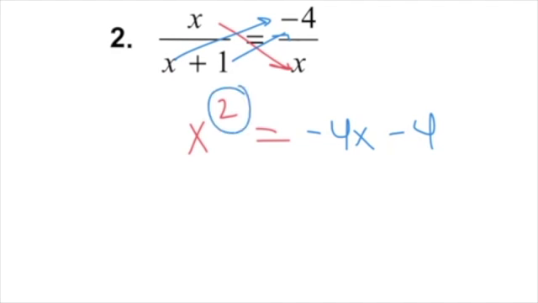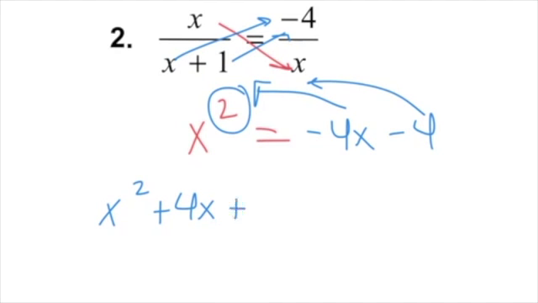This x squared tells us that we have a quadratic, and in quadratics, if you remember from a couple units ago, you have to have everything on the same side of the equal sign. So I do have to move this over, I do have to move this over. So what I have is x squared plus 4x plus 4 equals 0.